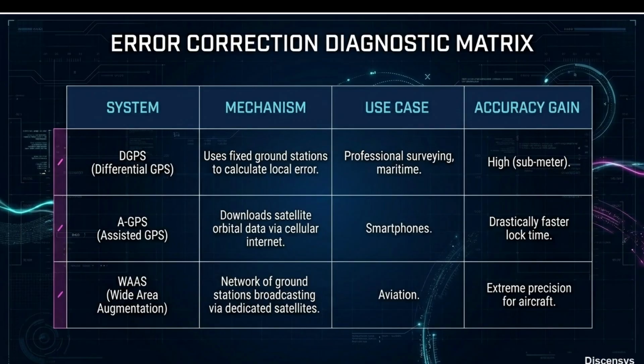And we can see the main use cases for these different types of systems. DGPS is mainly used for professional surveying and maritime. AGPS, smartphones. WAAS, aviation. We can also see the accuracy gain: the accuracy is high for DGPS, drastically faster lock time for AGPS, and extreme precision for aircraft when it comes to WAAS.